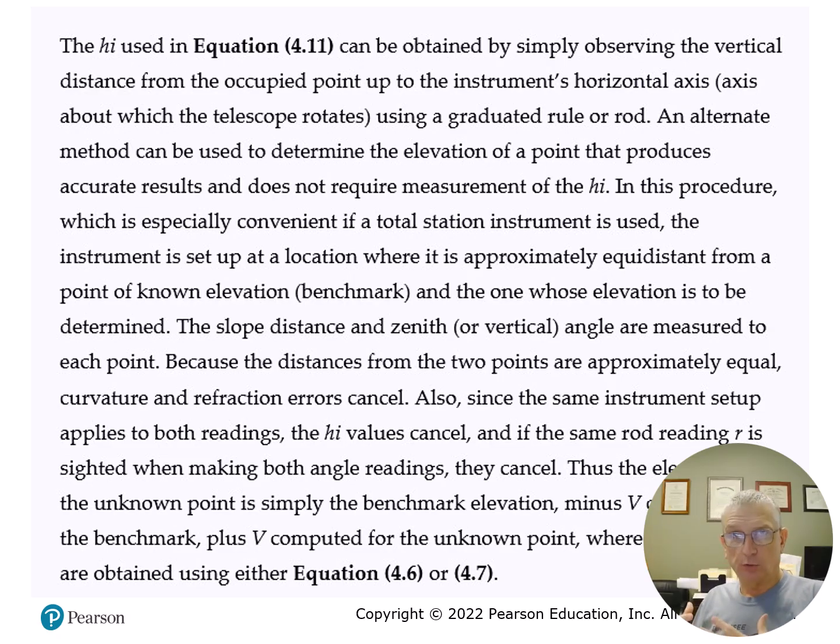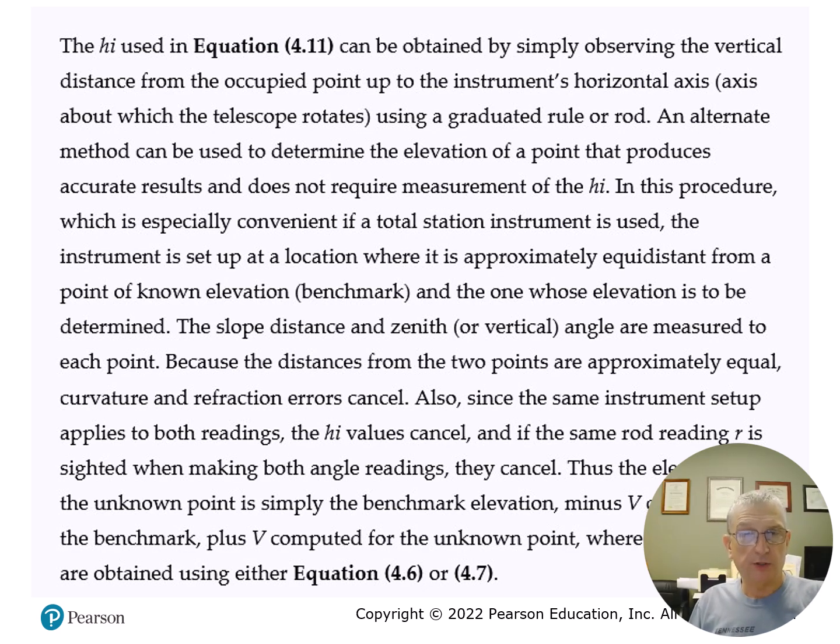When we're using a total station, it measures horizontal and vertical angles and can measure distances using an infrared laser. So that's why it's total. It can measure basically everything. And we'll be using those in the second, third labs. It's fairly simple math, but anyway, HI is the height of instrument.